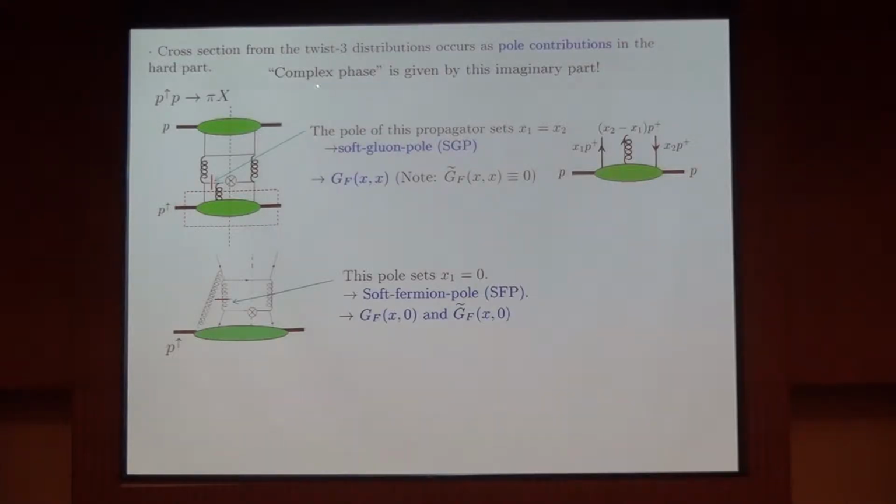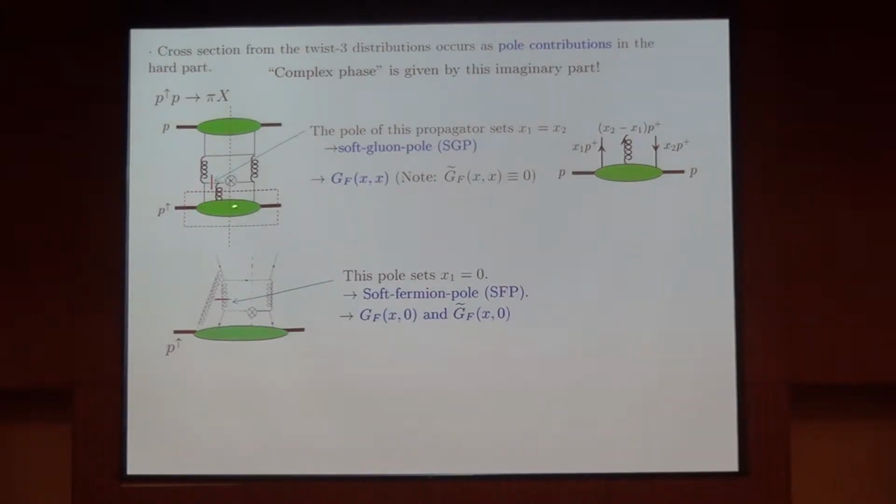For single spin asymmetry, it occurs from the interference between amplitudes which have different complex phases. That complex phase is provided by the pole part of the internal propagator, namely here. By the i epsilon prescription, it gives rise to the imaginary part.